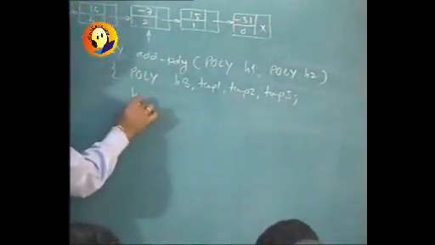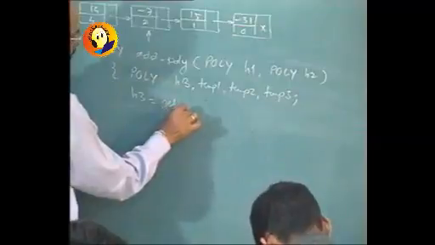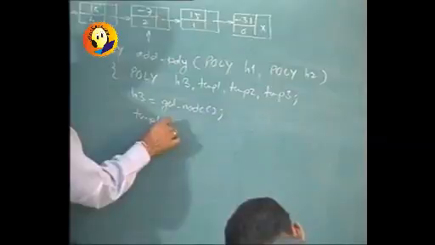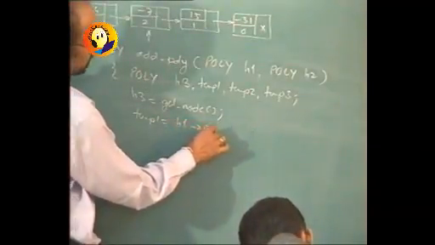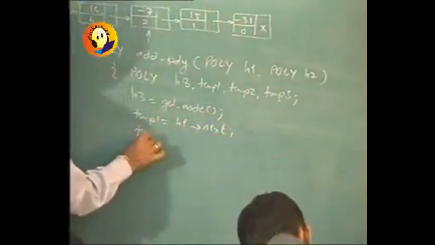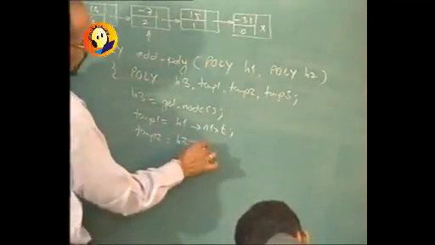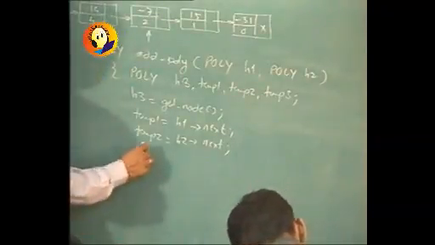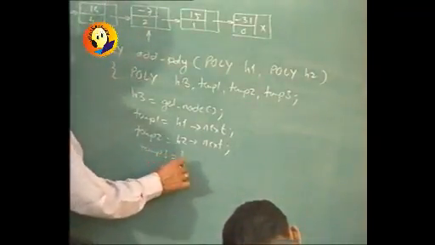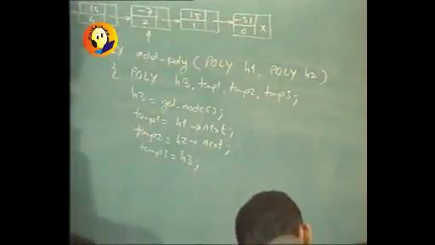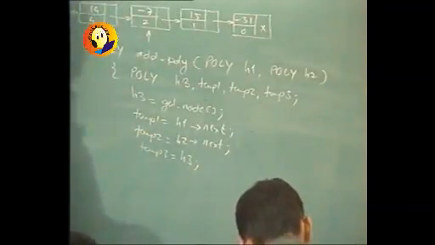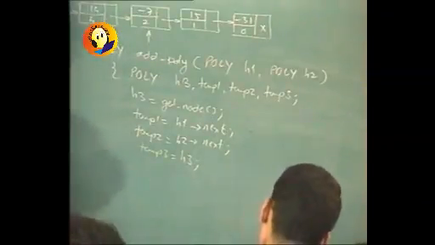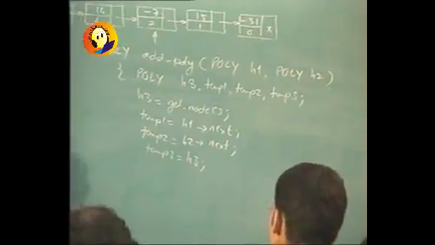You will obviously create the third header and then you will set temp 1 to h1 arrow next, temp 2 to h2 arrow next, and temp 3 to h3. So in the existing two polynomials you will be at the first term, whereas in the third polynomial which you are generating you will be at the header.